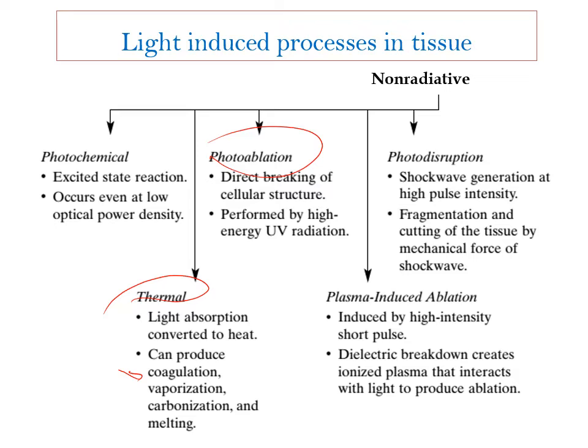Photoablation is direct breakage of cellular structure, which occurs when ultraviolet radiation interacts with a tissue, with nanosecond or femtosecond ultraviolet radiation. The other is plasma-induced ablation induced by high intensity and short pulse. The effect is direct breakdown that will create ionized plasma that interacts with light to produce ablation.